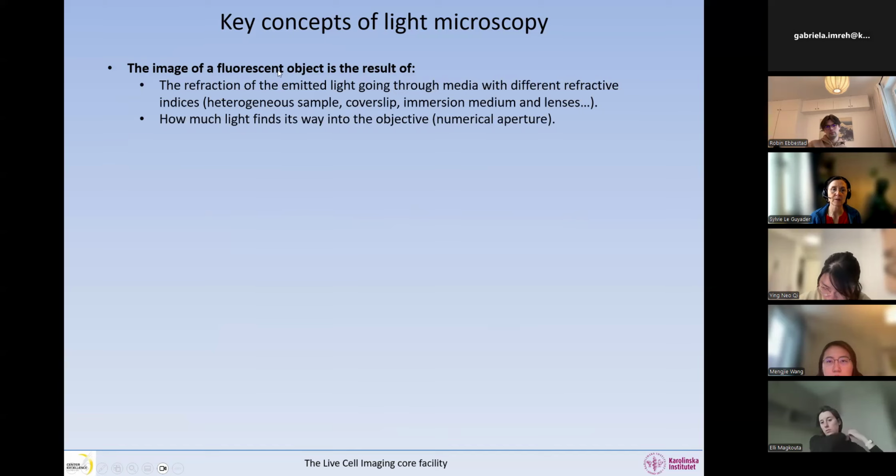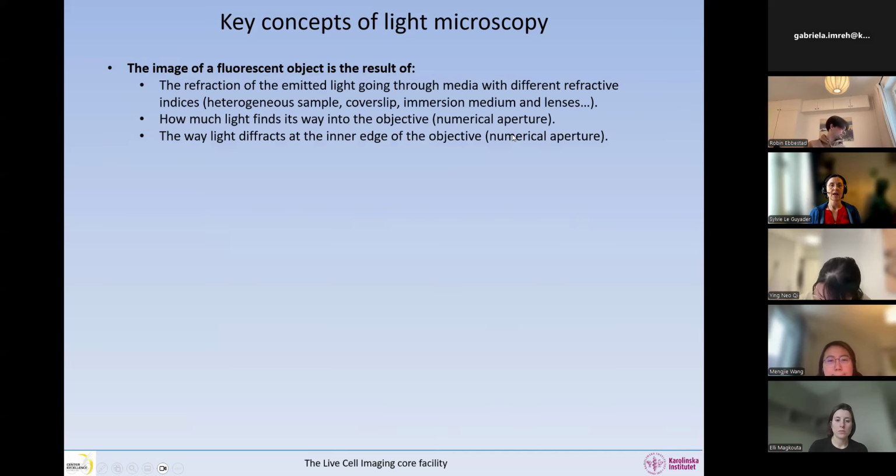But the image of our object also depends on how much light finds its way into the objective. So it depends on the numerical aperture of the objective. And it also depends on the way light diffracts at the inner edge of the objective, and that is also the numerical aperture.